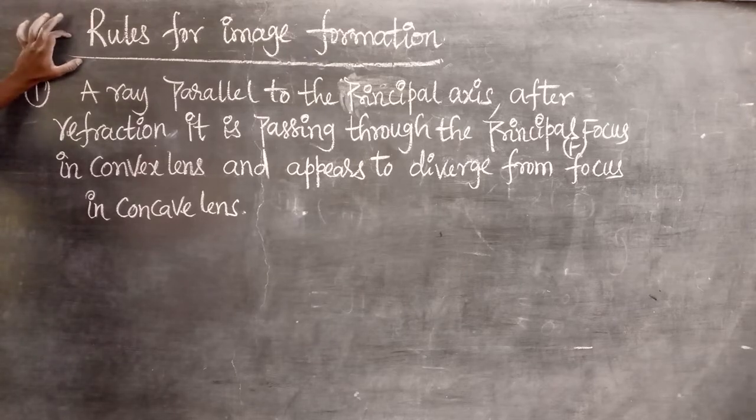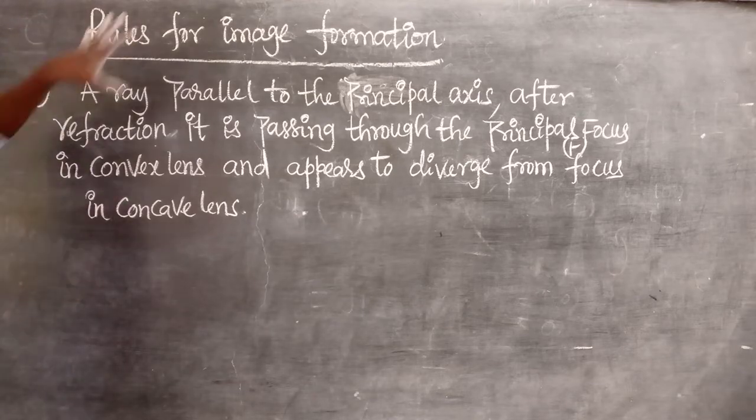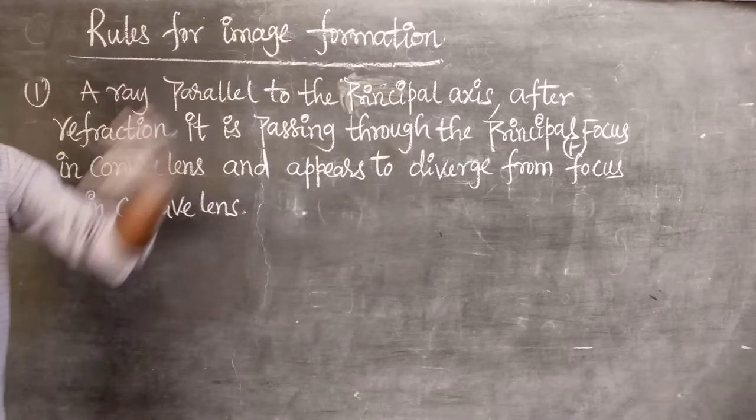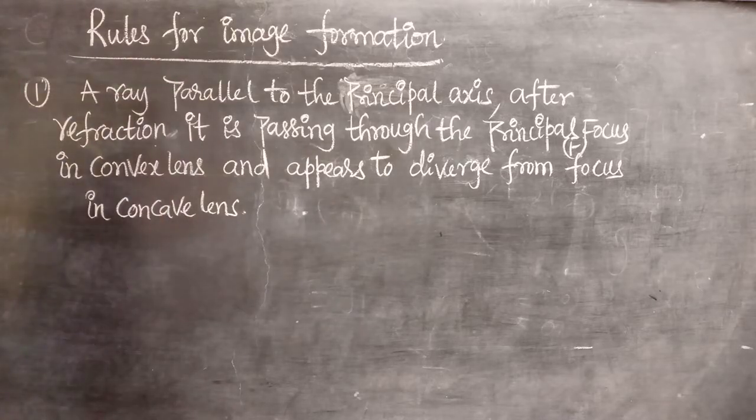That's why to locate the formation and position of the image, we can use this only. If we know these rules, it is very easy to graphically represent the image formed by the lenses.